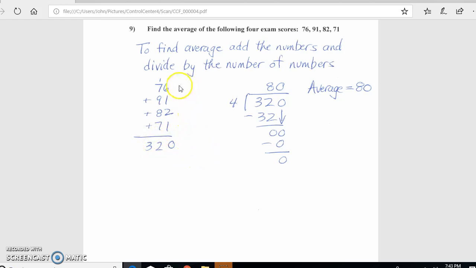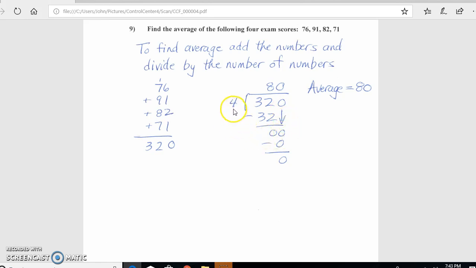And then we have 4 numbers, so we're going to take the 320 and divide it by 4. So 4 fits into 32 8 times, and then 8 times the 4 is 32, and I subtract 32, I have 0. And then after I subtract, I always bring down my next digit to the right, which is a 0.